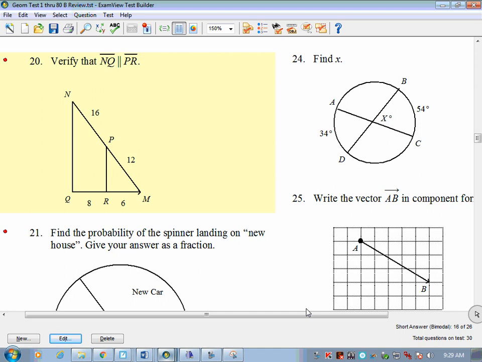So, all right, verify that NQ is parallel to PR. How would I do that? Anybody know? I'll give you a hint. Proportions. We know what proportion we would set up? NP over, yeah, you could do NP over QR equals what?